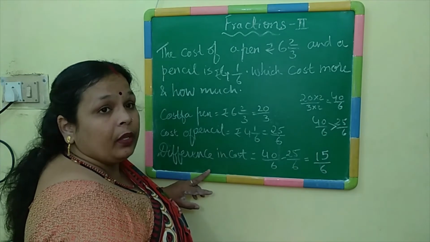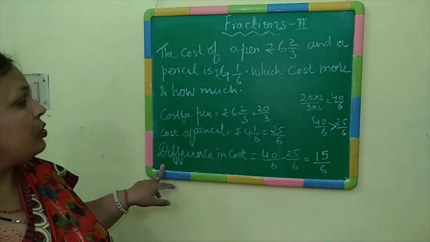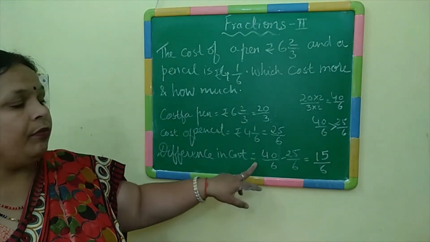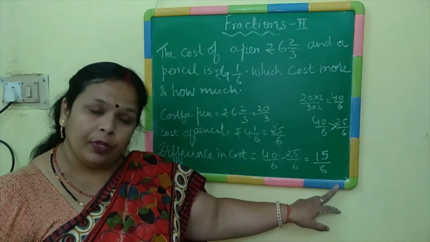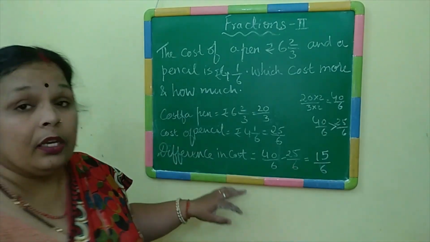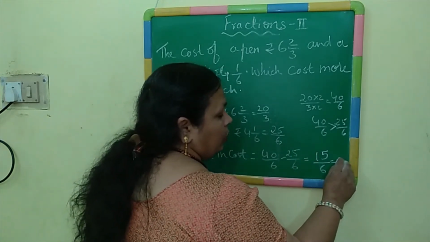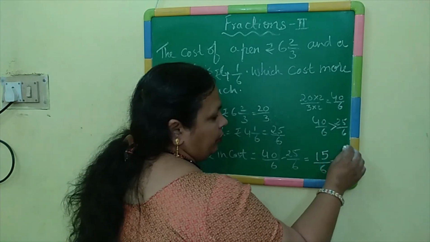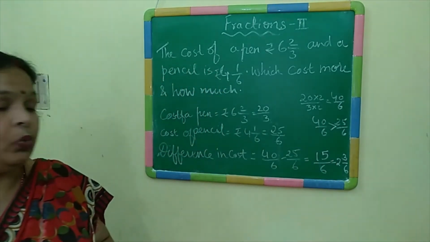Clear? So that means final answer will be the cost of pen is more by 15 by 6 as compared to cost of pencil, and this is written as 6 2s are 12, 13, 14, 15, 3. That is 2 1 by 2.